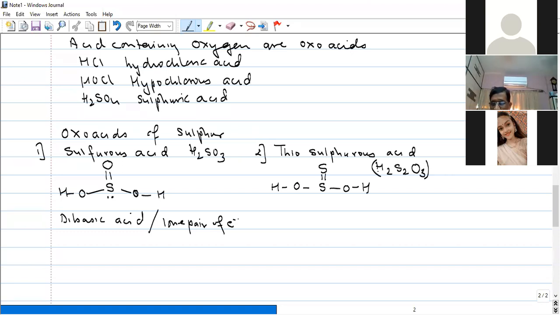See the difference: a difference of one S and of one oxygen. Sorry, it is O2, not O3. This is also a dibasic acid, and it has a lone pair of electrons.